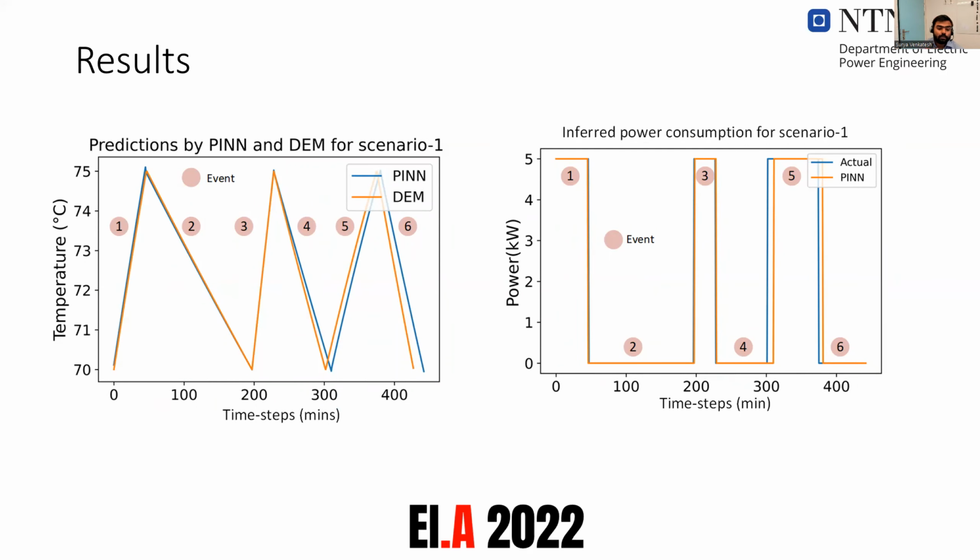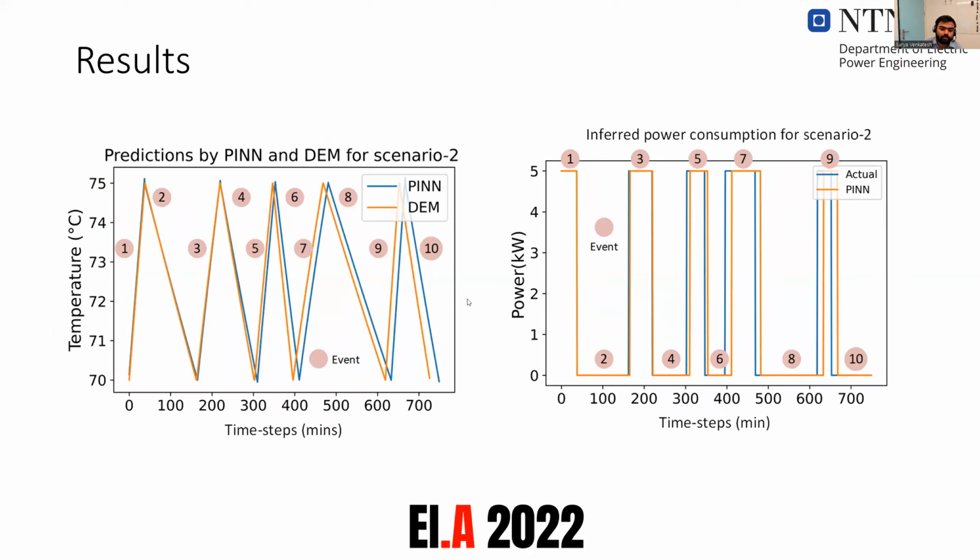So finally, we combined both the on dynamics and off dynamics models and simulated the model for two different scenarios with different water demands. So these are the results. As you can see, PINN closely follows the differential equation model, and the inferred power consumption for the first scenario also has the same case.